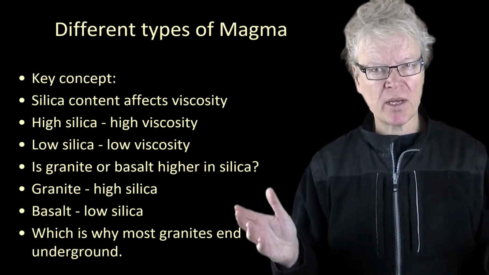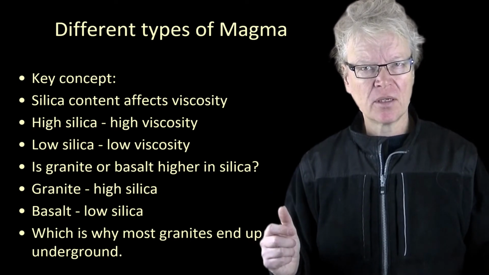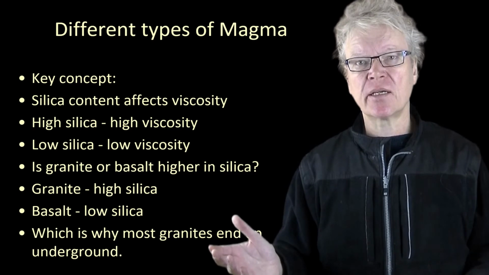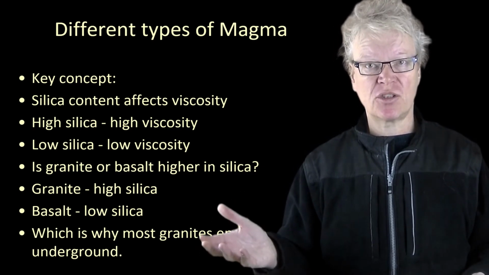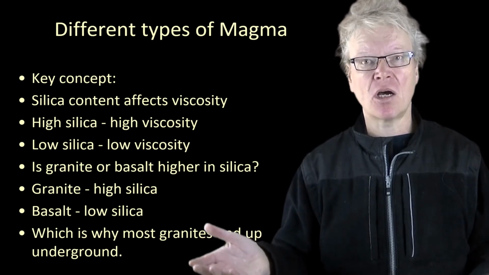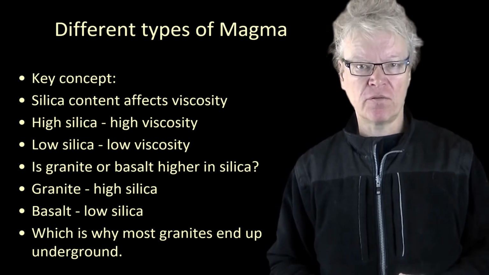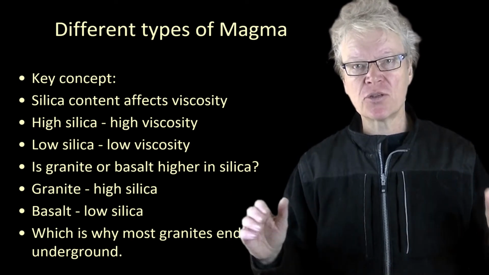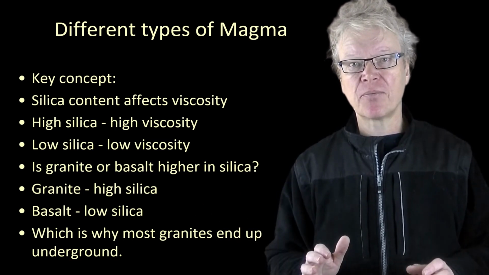I talked about quartz being in granite. Well, I didn't talk about quartz being in basalt. So quartz is very rich in silica, and so granite contains quartz, and so that creates its viscousness, its high viscosity. Whereas its absence in basalt means that it is low viscosity. So it flows more easily. Basalt flows much more easily than does granite.